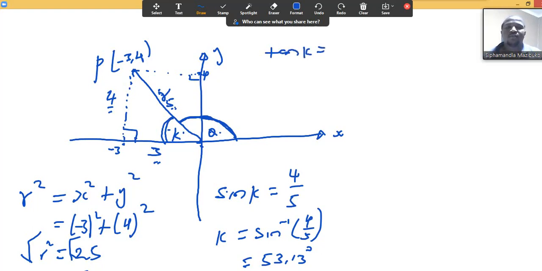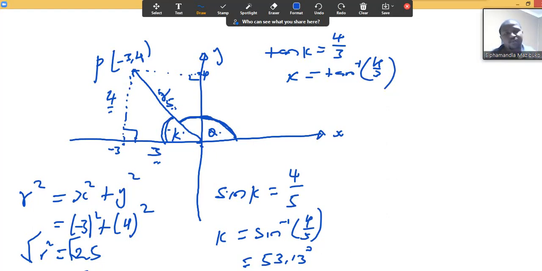If you didn't have to find the hypotenuse or use the Pythagorean theorem, you could just say tan k is equal to 4 over 3, and this is nothing but k is equal to the inverse tan of 4 over 3. Let's see what we get from there. So let's look at shift tan 4 over 3.